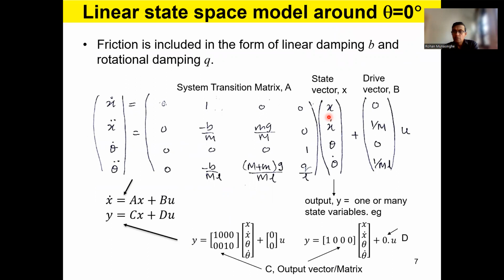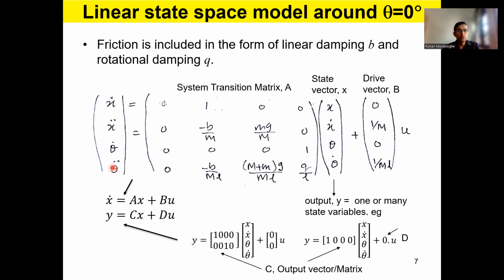So once you linearize the two equations, one for x double dot and the other for theta double dot, and of course x dot is a state variable, so is theta dot. You can see it over here. X dot and theta dot are the state variables, and here you have the rate of change of state variables. The rate of change of x is x dot, the rate of change of x dot is x double dot, like that.